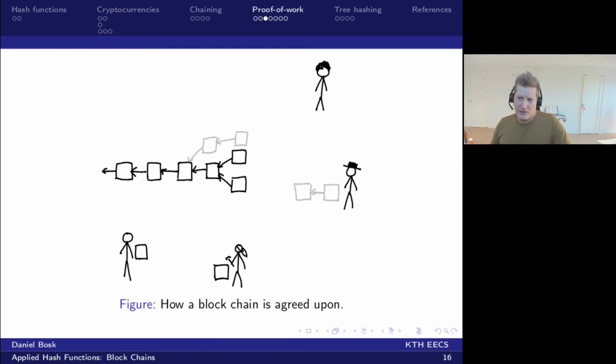So we need to convince people that this is actually what it looks like, and we want to prevent people from this one to go back several blocks to do edits and submit them and say that, hey, this is what the blockchain should look like. And convince the others to change their view from this or this into this one. So how do we do this?